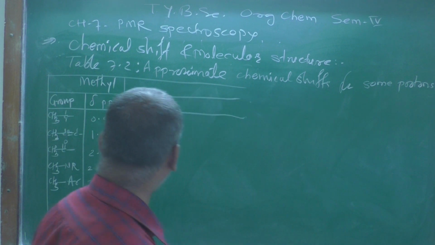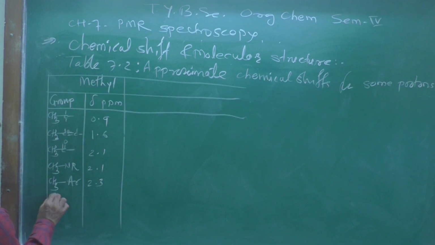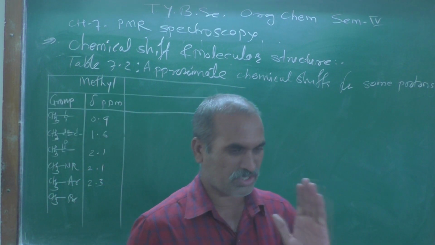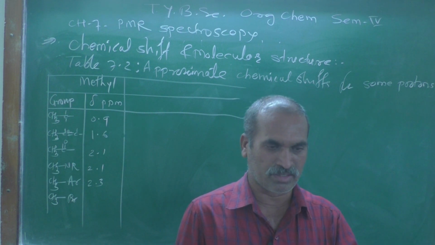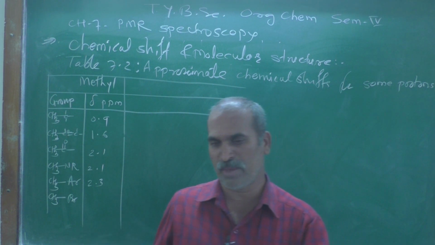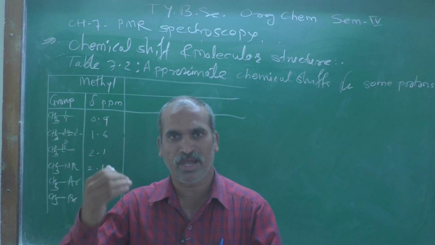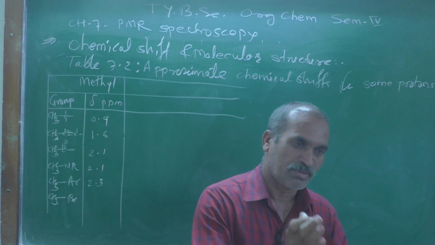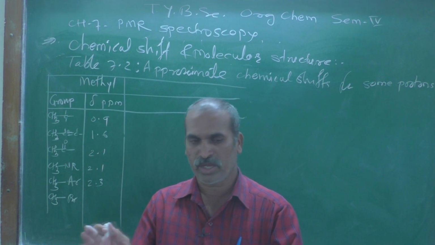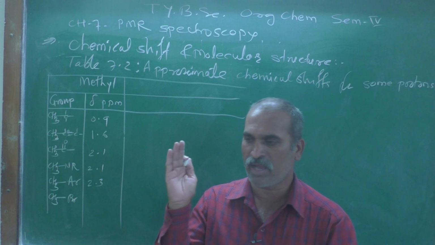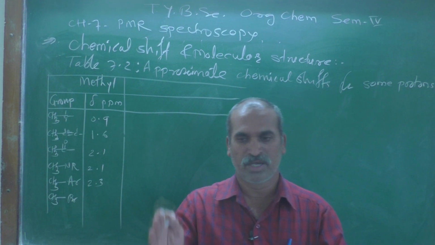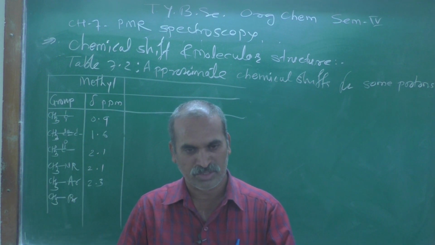Then the methyl group further attached to bromine. In our previous section we already discussed the halogen family members, where one of the hydrogen atoms is replaced by a fluorine, chlorine, bromine or iodine atom, and we already observed their chemical shift values.